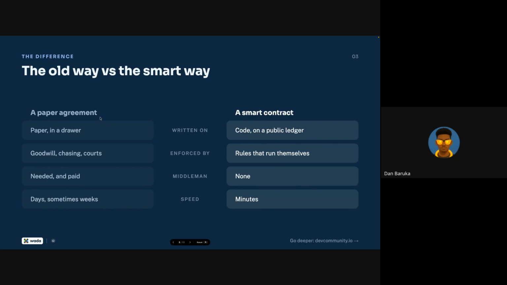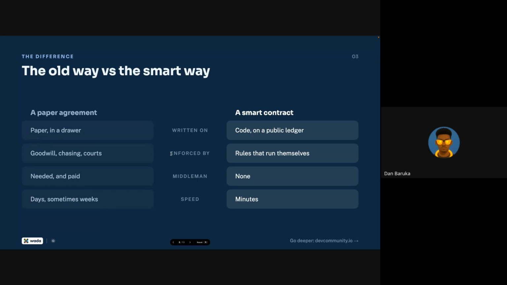When we are signing an agreement, in the old way we write on paper, and in the smart contract side, we use code and a public ledger in a blockchain.